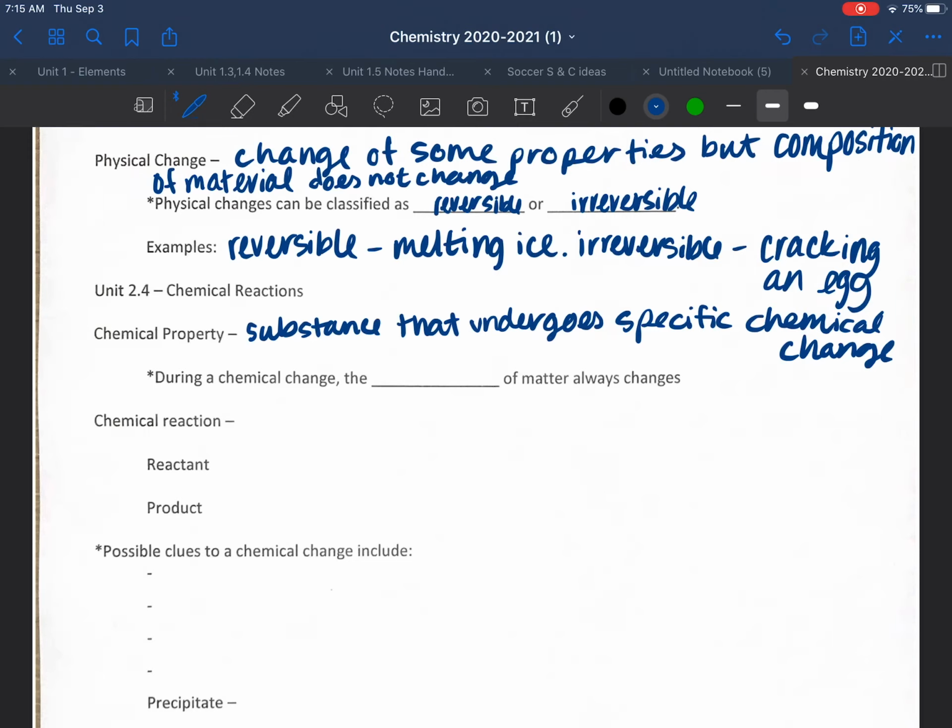The what of the matter? Hopefully someone said composition. So, physical change, properties can change, but the composition cannot. And then a chemical change is when the composition of matter changes.